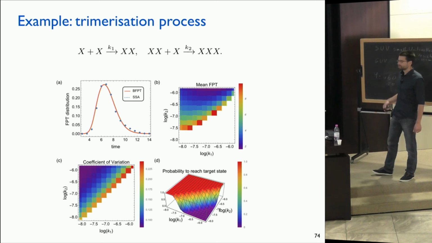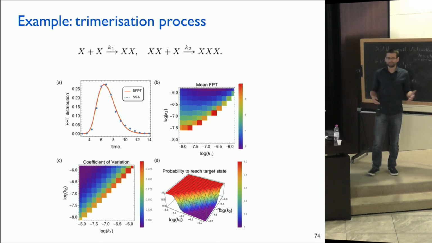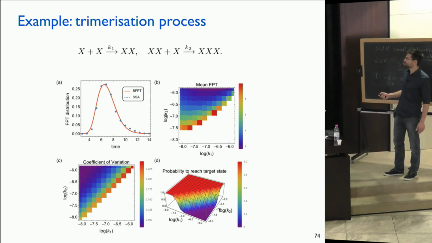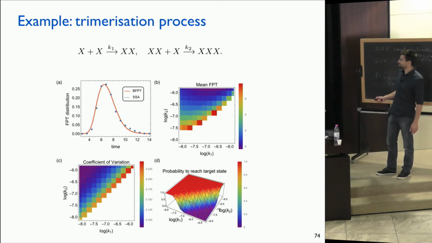And now, because our method is so efficient, we can very easily do parameter scans. And here we vary those 2 parameters and can look at the mean first passage time, coefficient of variation, and so on. And we see quite interesting behavior here, almost a switch-like behavior of the probability to reach the target state.